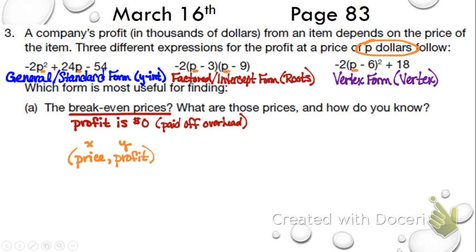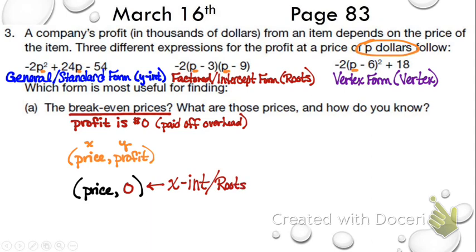So their question for me here, when they're saying the break-even prices, that means I'm looking for the price when the profit is 0. What is that? Those are the x-intercepts. Which is the same thing as what? Yep. It's the same thing as my roots.